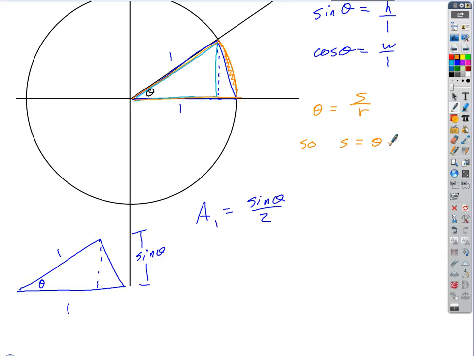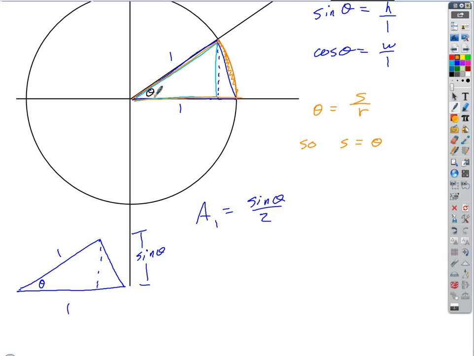I'll remind you, that angle is theta. It's going to depend on theta, obviously, right?